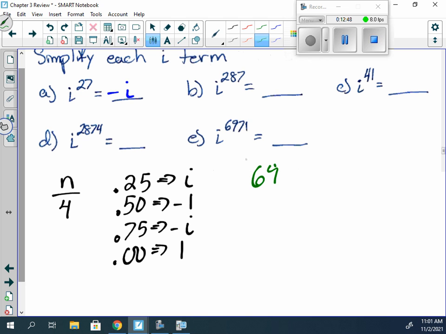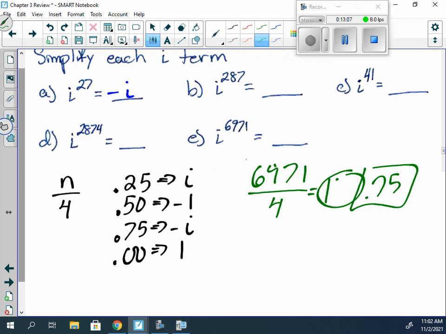We can look at i to the 6,971. Well, again, we're just dividing it by 4, which would be 1,742.75, because we have some number .75. Well, 0.75 is -i.